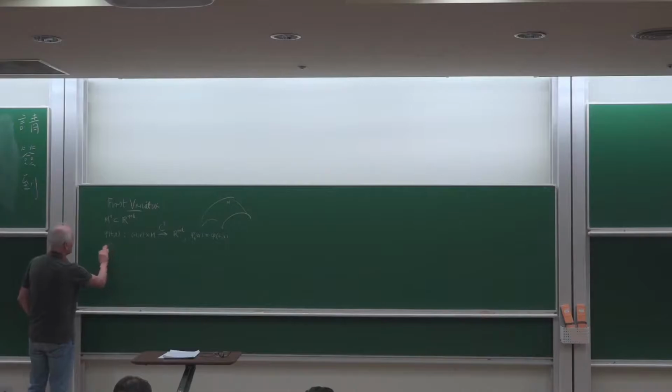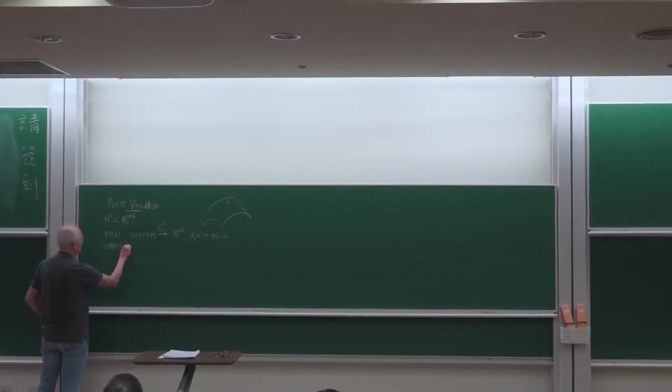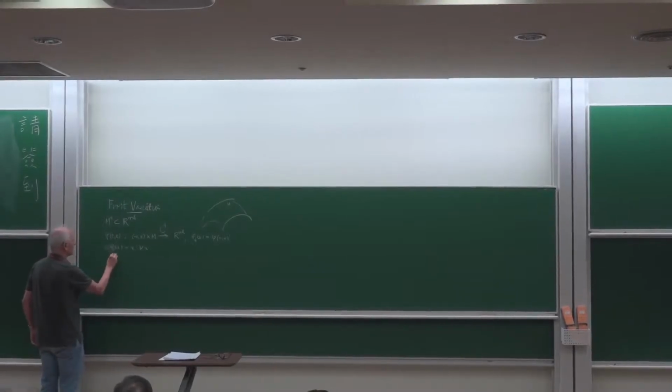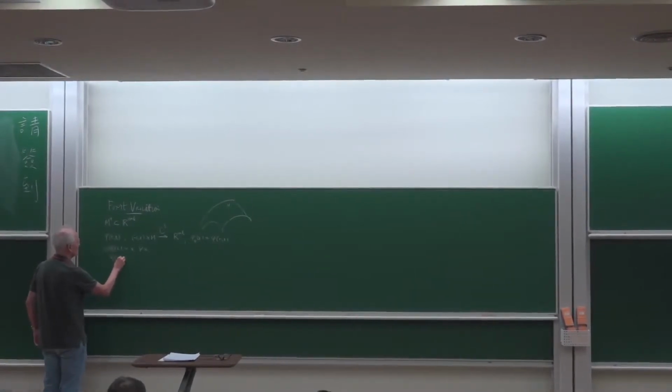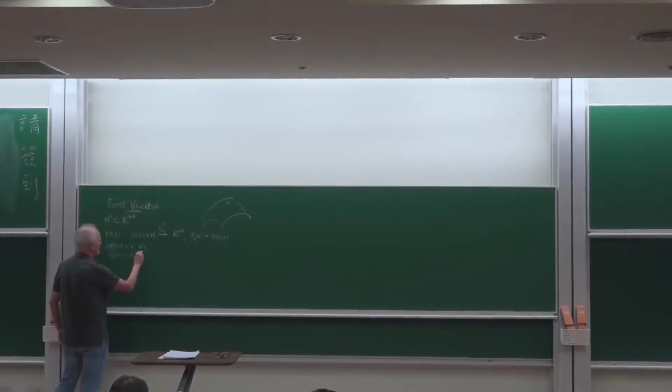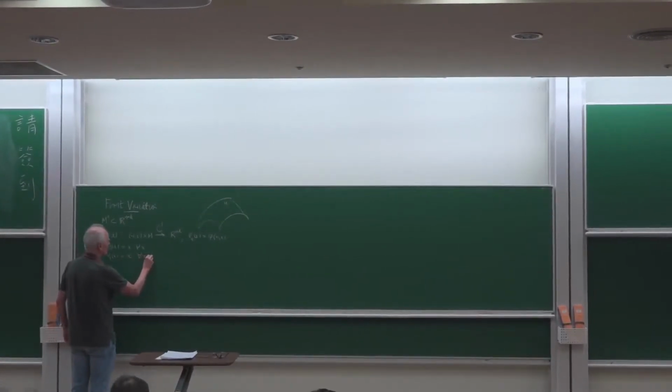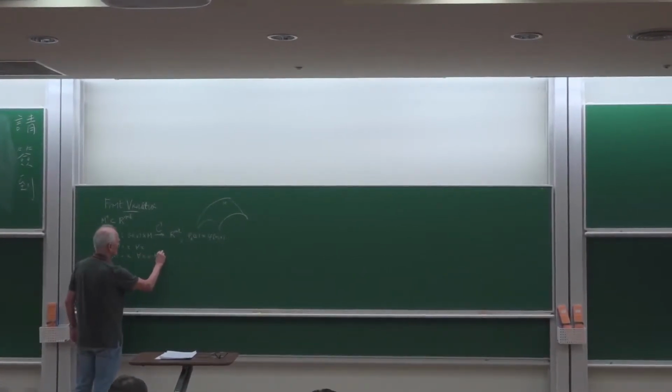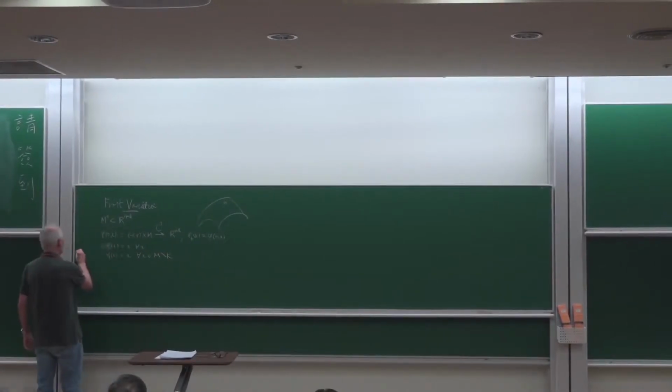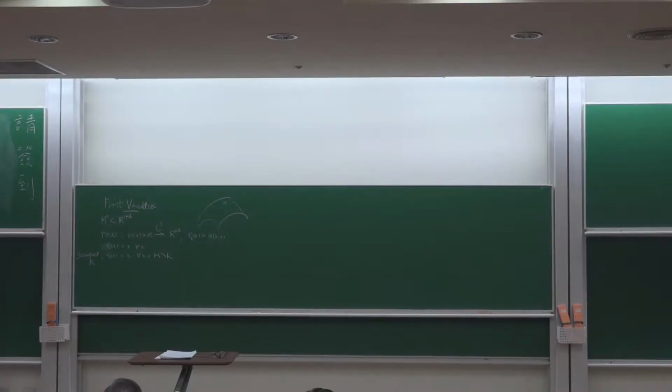We require that phi_0(x) should be identically equal to x for every x, and also that phi_t(x) should be equal to x outside a compact set. So this is for every x in M minus K. There should exist a compact K such that that's true.